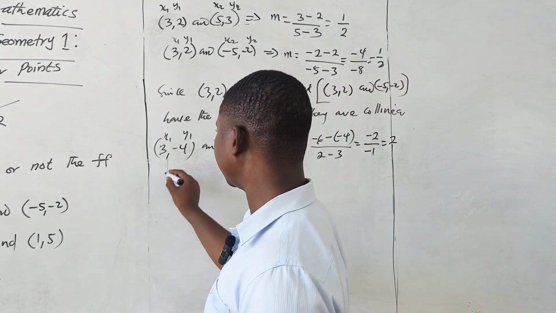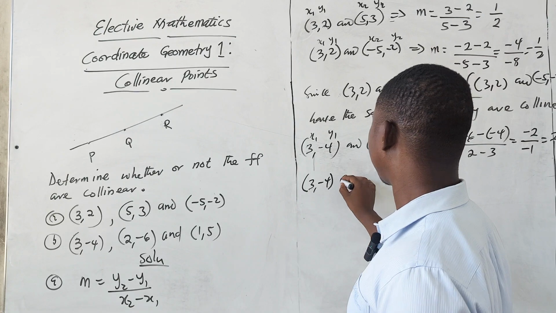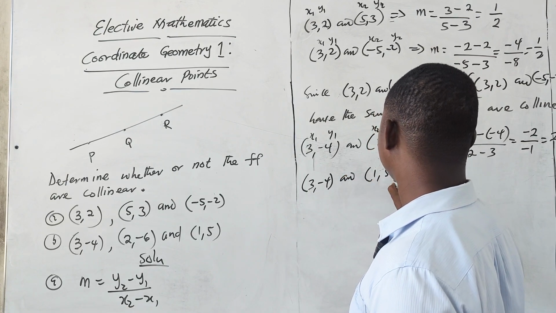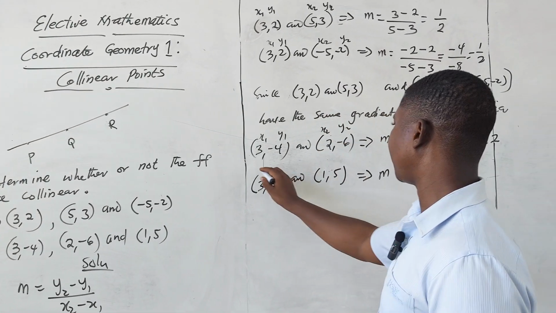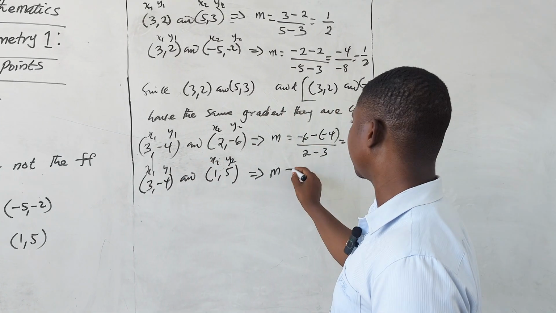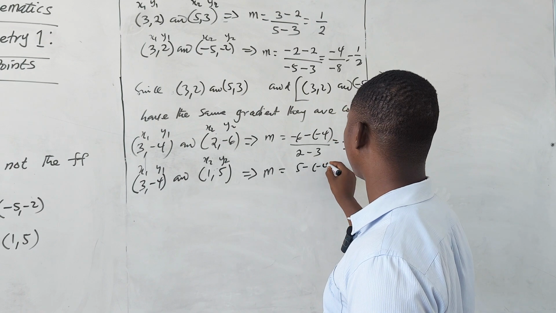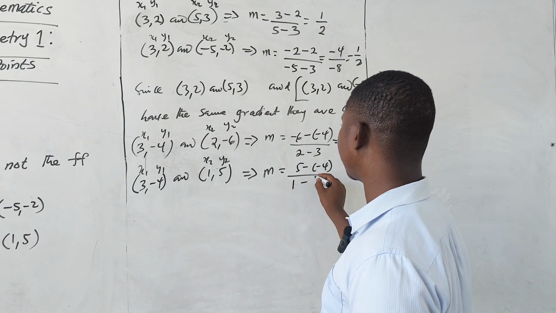Then we pick the second points, (3, -4) and (1, 5). So our m, we have x1, y1, x2, y2. This gives us 5 minus negative 4 over 1 minus 3.